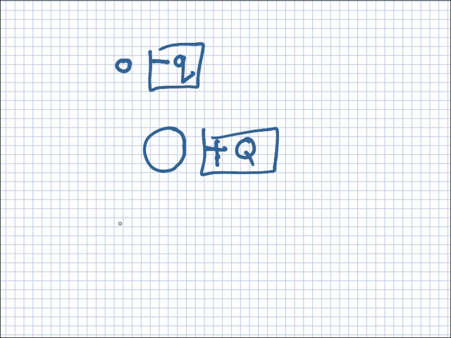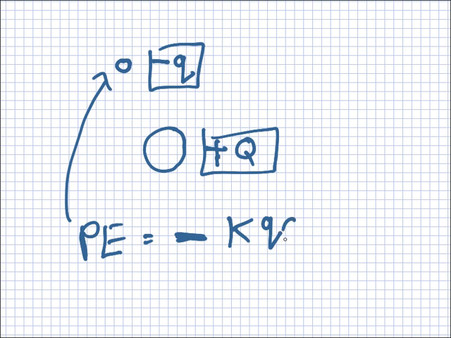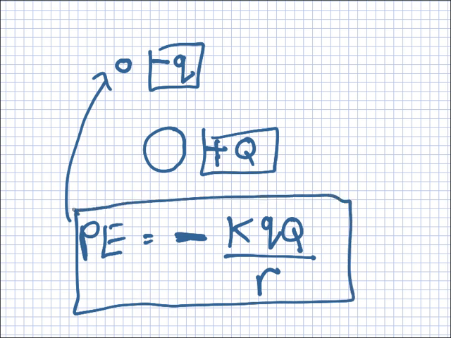This one here will have potential energy, but it's minus. So it should be a minus K Q over R, not R squared. The formula is just R. It's nearly the same formula. The only difference is it's a minus and an R. Why is the potential energy minus? Because it's trapped.